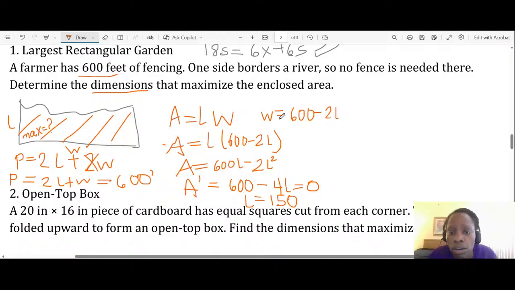Basically, I move the 4L to the side by adding 4L to both sides. Then I divide by 4 to get L equals 150. Now, if L is 150, then W is 600 minus 2 times 150, which is 300. So 600 minus 300 is 300. So those are the dimensions, 300 feet and 150 feet.